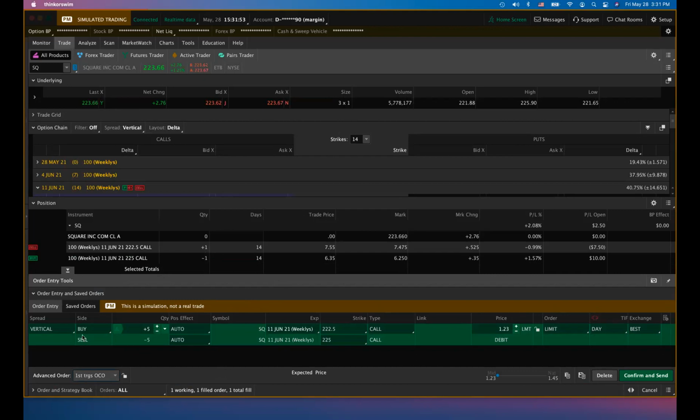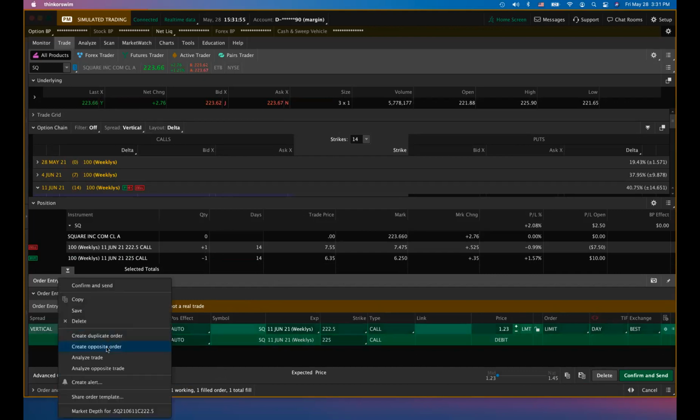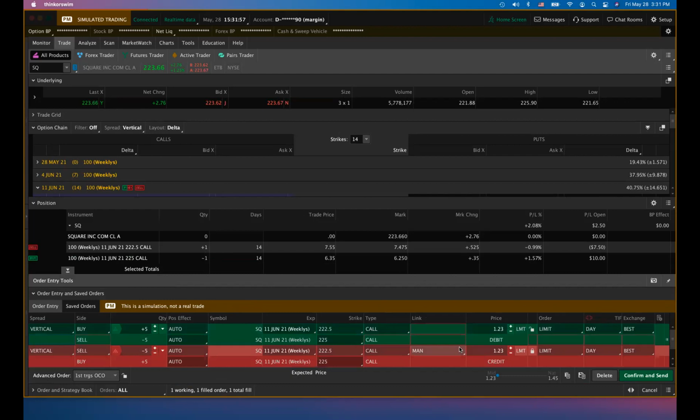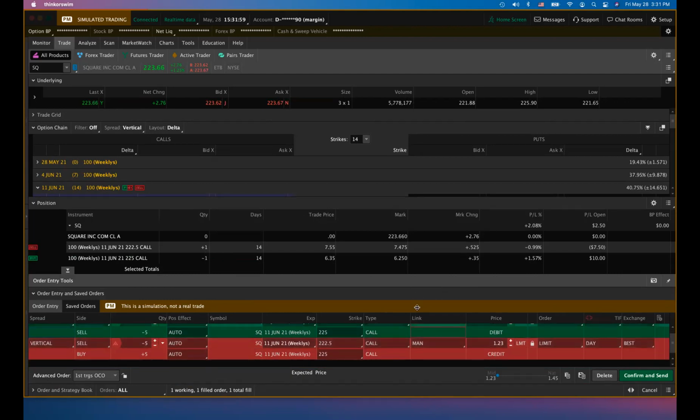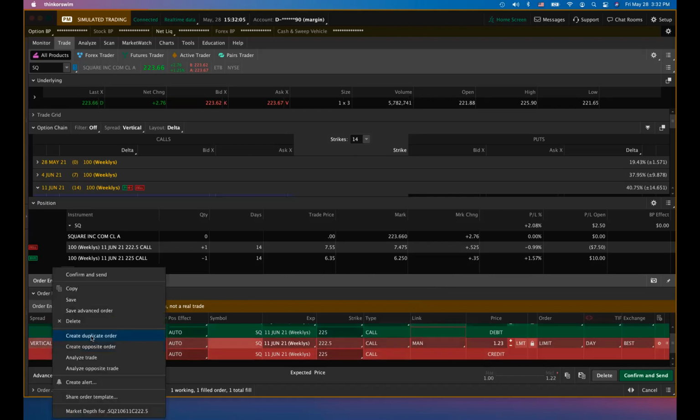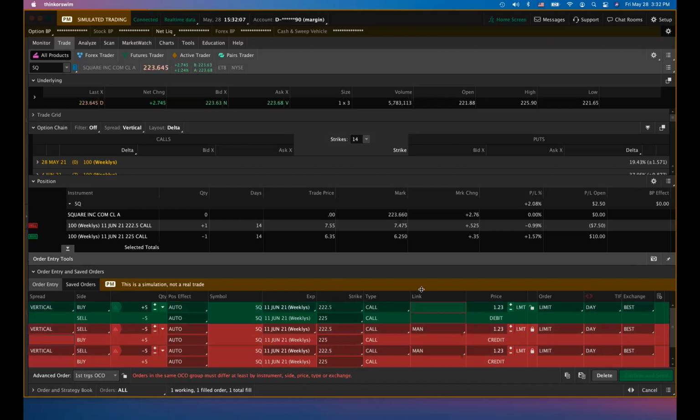Next thing I'm going to do is create the opposite order. So that is my take profit order. That's what I call it. But I'm also going to create a duplicate order on that, and that is going to be my risk management order. So let's change this a little bit. I am saying here that I'm buying this vertical for $1.20.